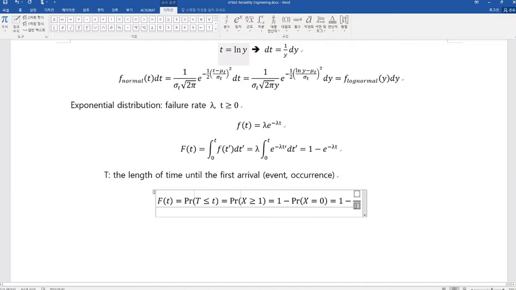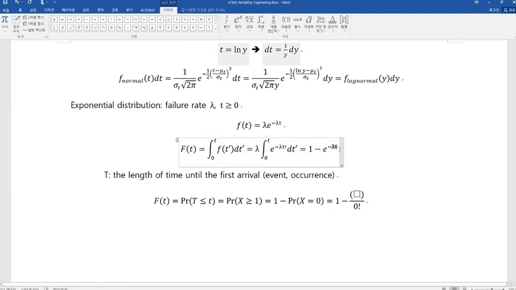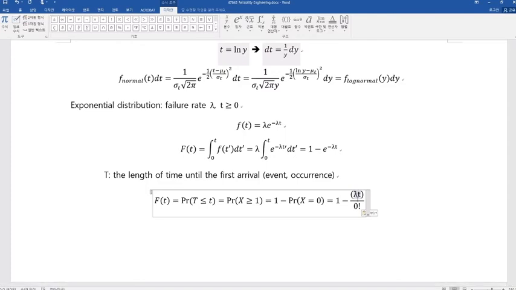And in this case, it must be 0 events. And in the parentheses, in the numerator, we are going to have lambda t, which is the place for rho, the mean number of occurrences. And that is the same as lambda t here.